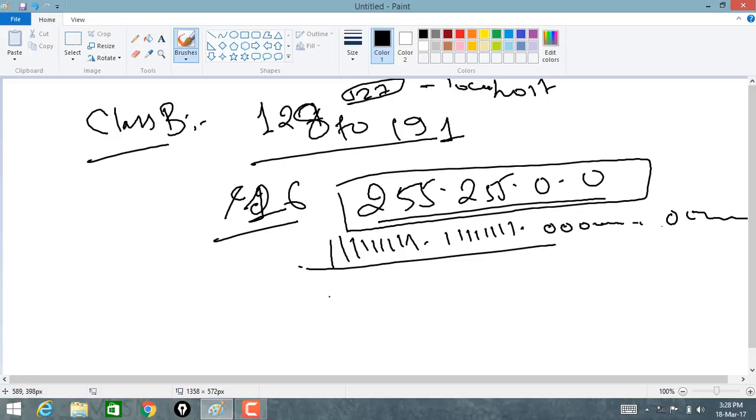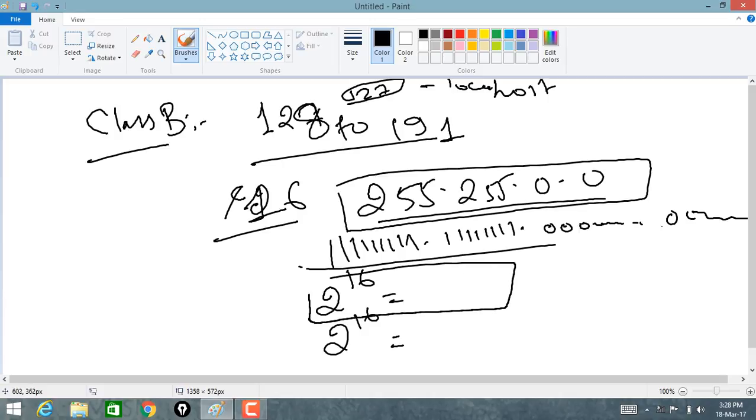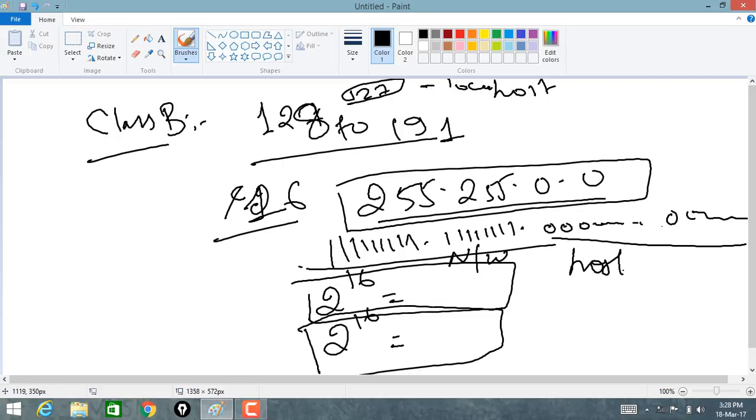So here the networks will increase. The networks will be 2 power 16, and the hosts will also be 2 power 16. So these many networks we can create, and these many hosts we can create. Always remember, the 1s stand for network bits, as I told you earlier, and all the zeros will be used for hosts.